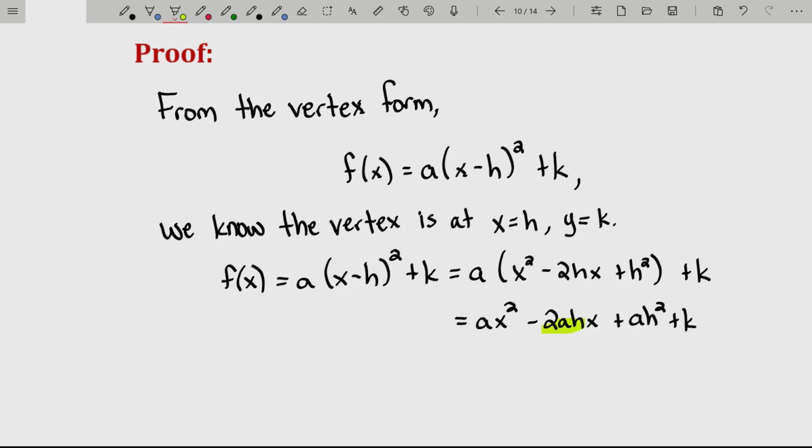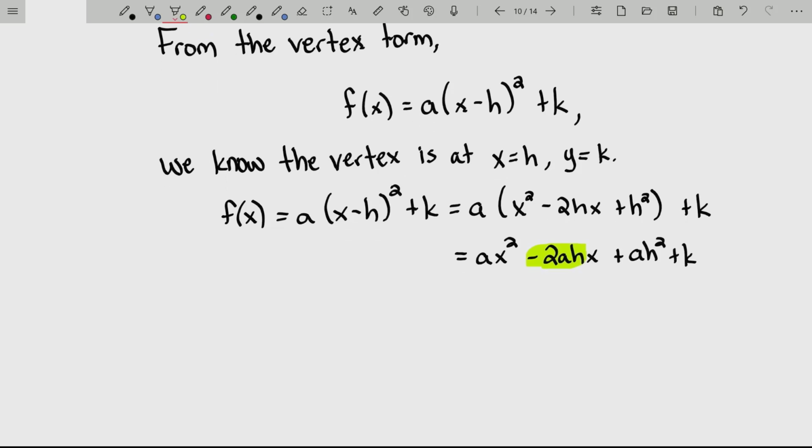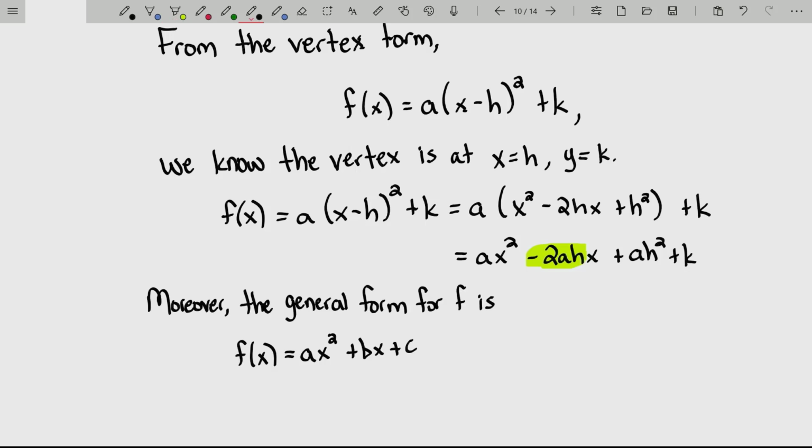All right. I want you to focus in on this negative 2ah. That's a critical piece here. Okay. Now, also, you know that the general form for the quadratic function is the following.